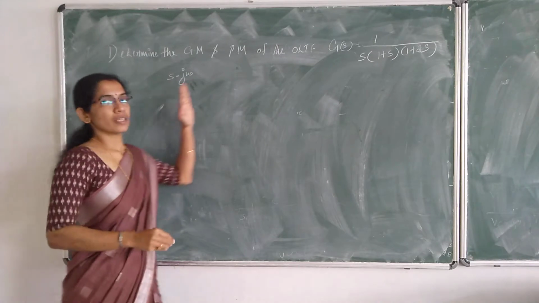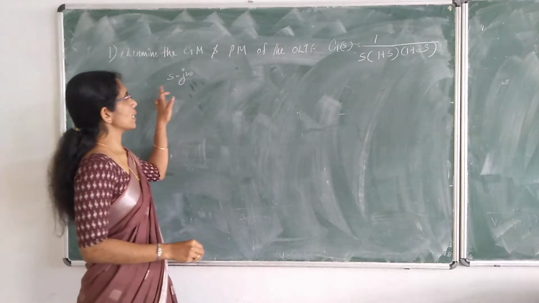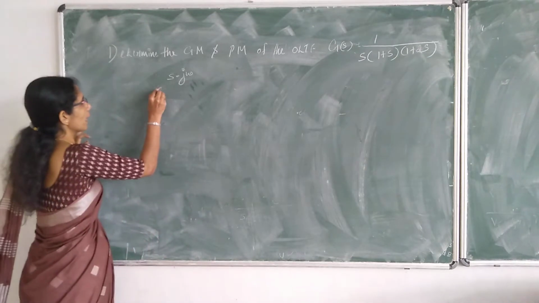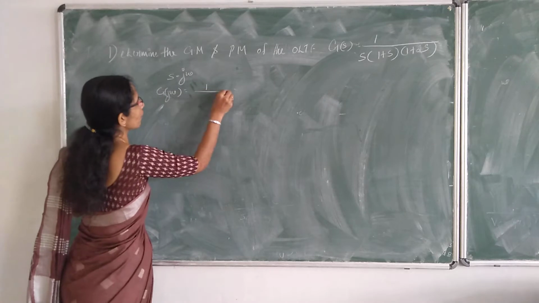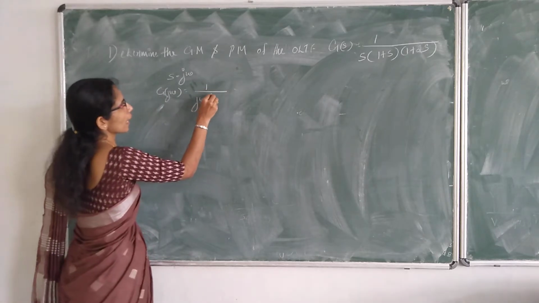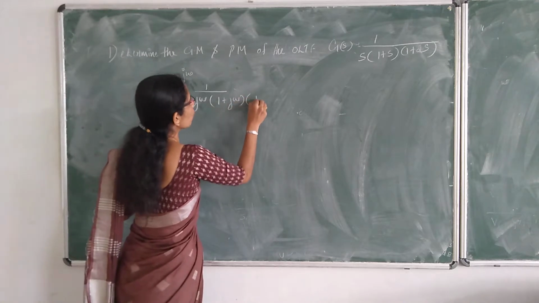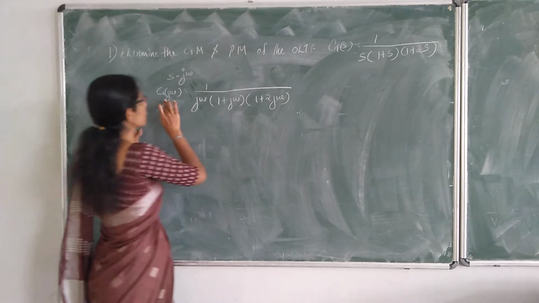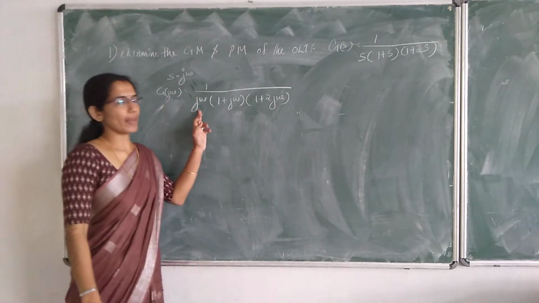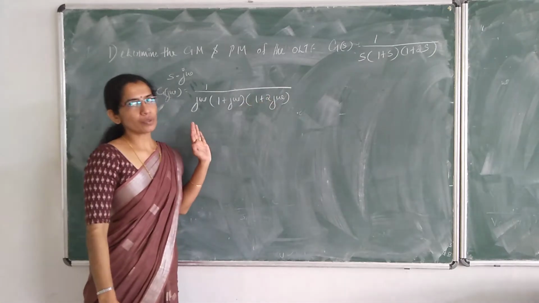This polar plot is a frequency domain analysis method. So substitute s equal to j omega and we get G(j omega) = 1 / (j omega (1 + j omega)(1 + 2j omega)).